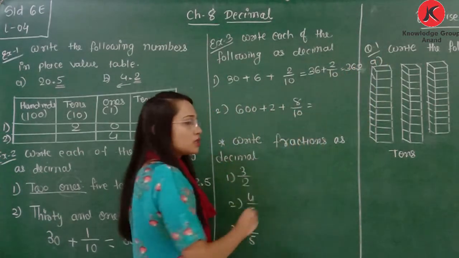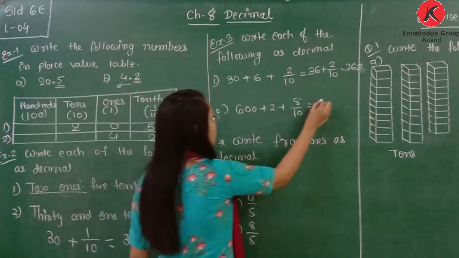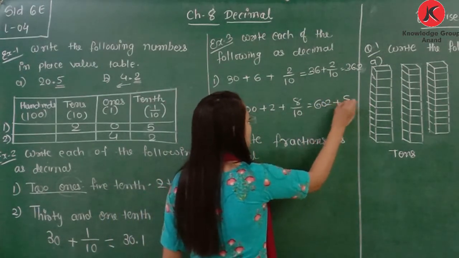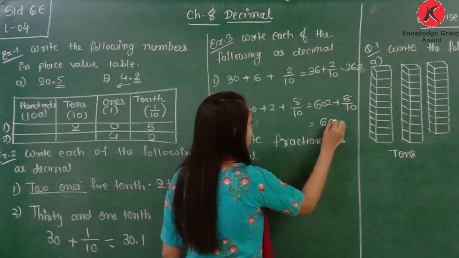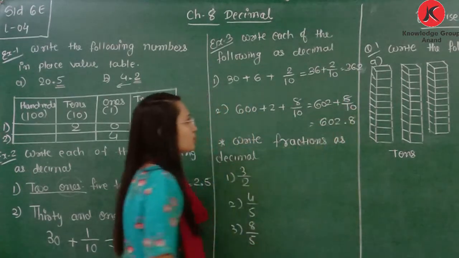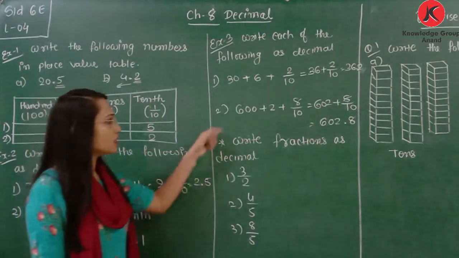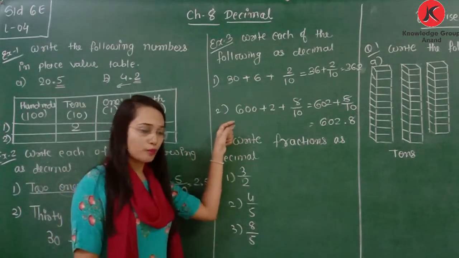Now next one, 600 plus 2, that is 602, plus 8 by 10. Now 8 is at the 10th place, so we can write 602.8. This way we can write the decimal from the expanded form.